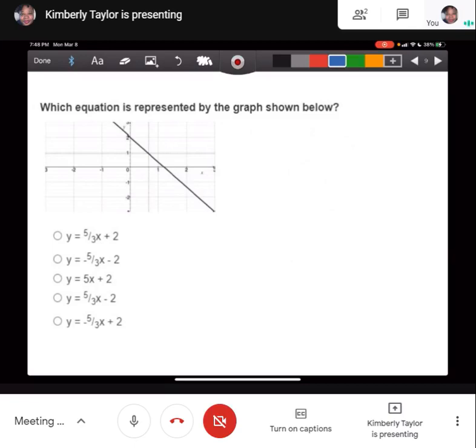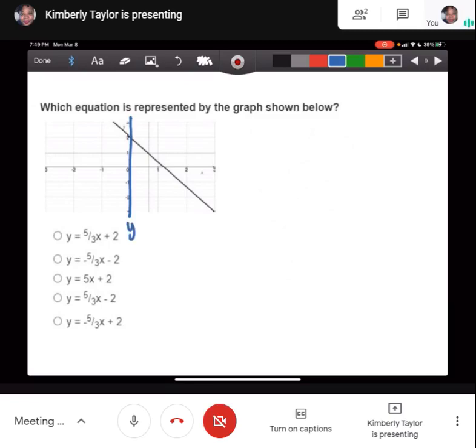Okay, next one. It says, which equation is represented by the graph shown below. Now, again, if you're studying for the GED, some stuff you just need to know. Looking at this graph, the easiest thing to pick out is the y-intercept.